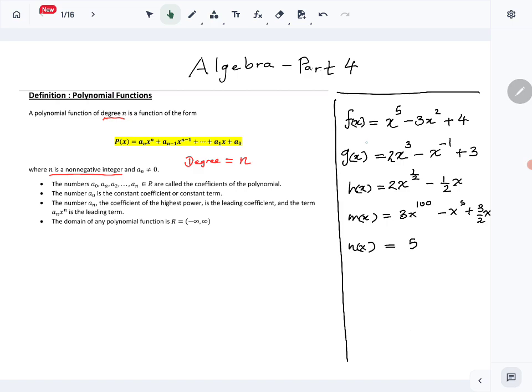Let's figure out which ones are polynomials, which ones are not polynomials. So let's look at the first function f(x).